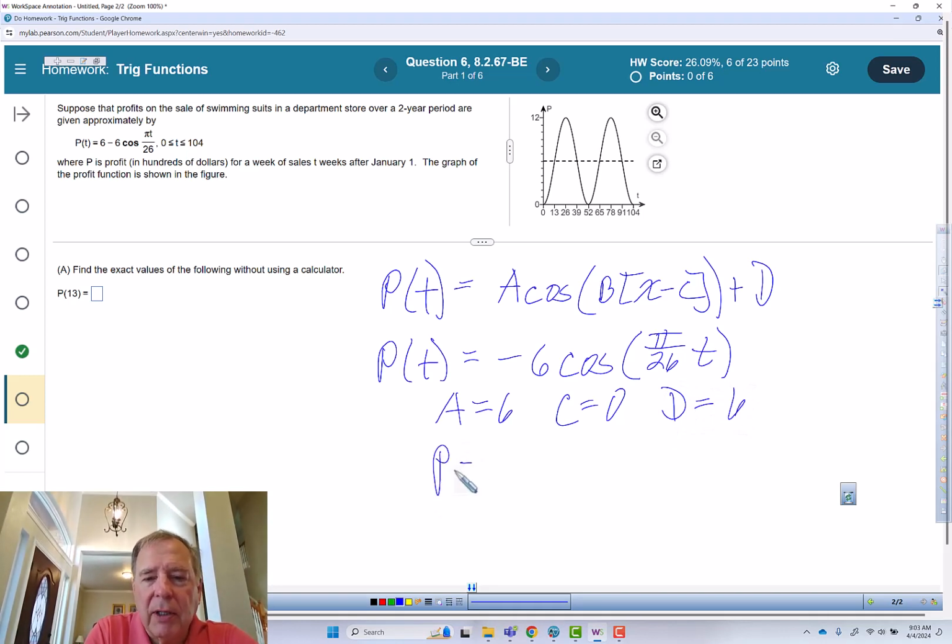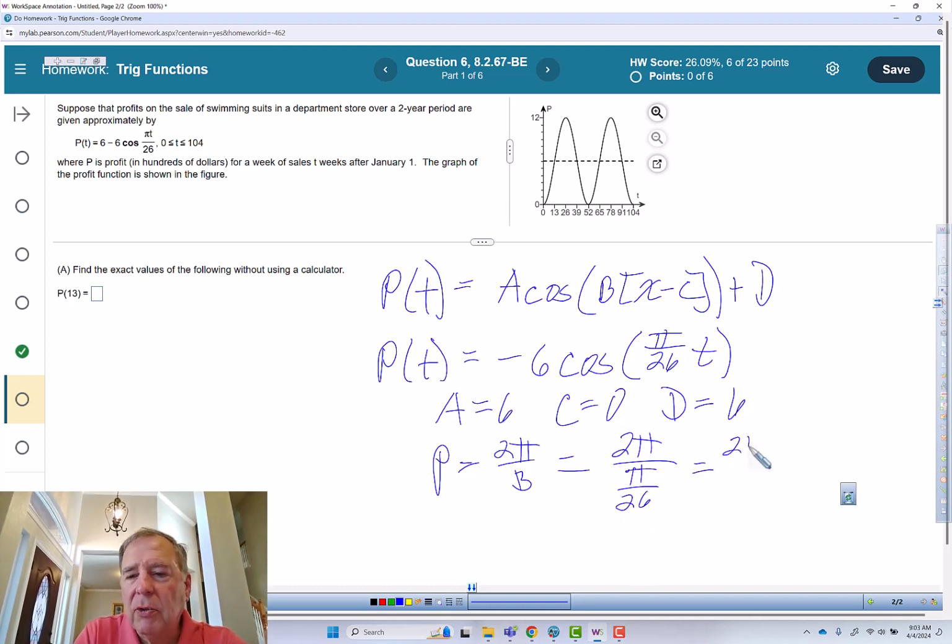Then the period is 2 pi over B, and B is pi over 26. So that's 2 pi over pi over 26. Dividing with fractions is easy as pi: flip the bottom and multiply.